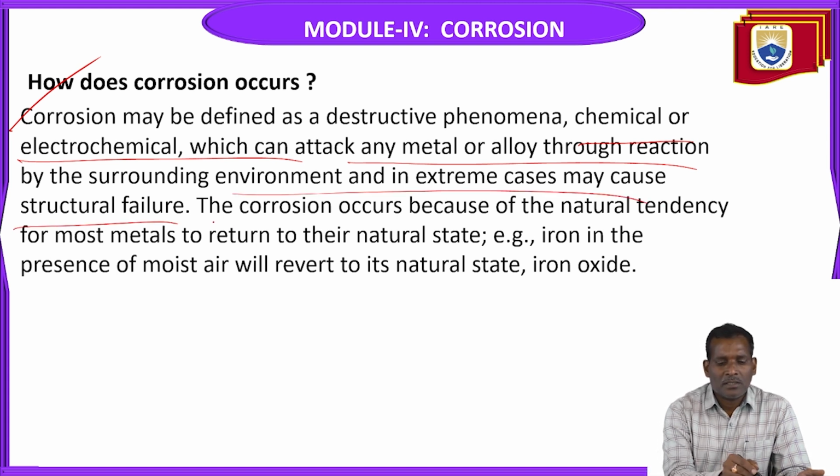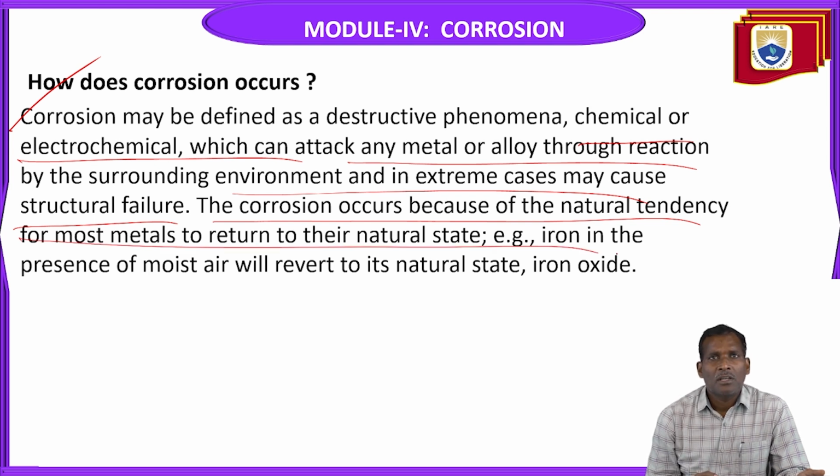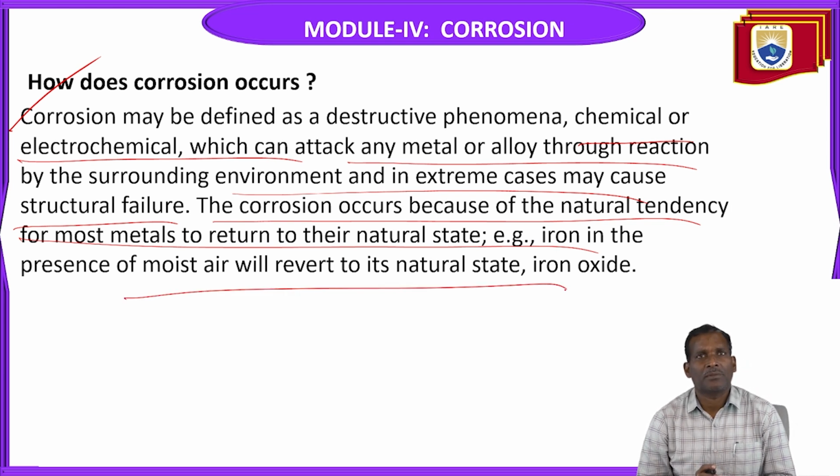Corrosion occurs because of the natural tendency for most metals to return to their natural state. For example, iron in the presence of moist air will revert to its natural state.